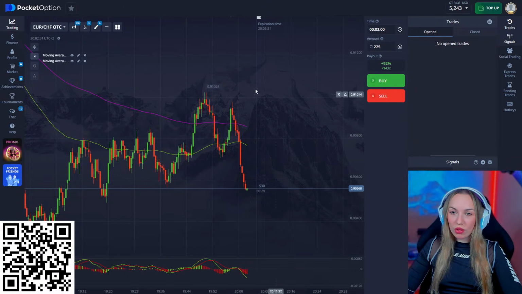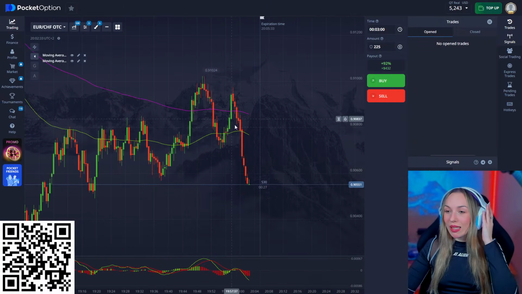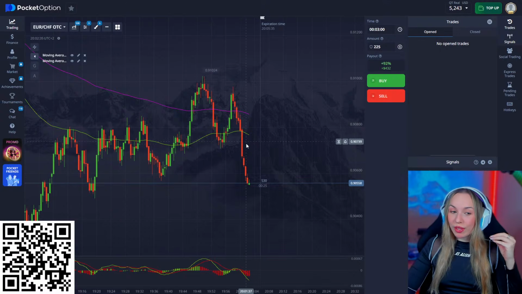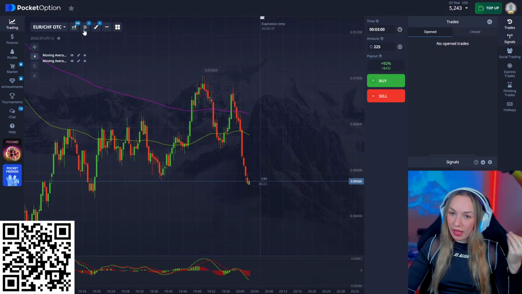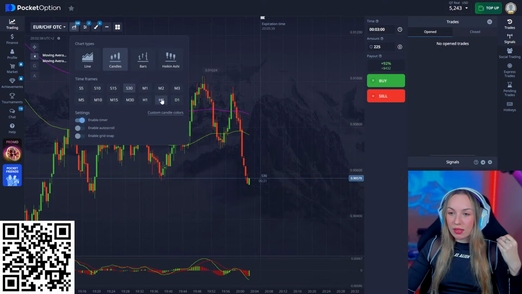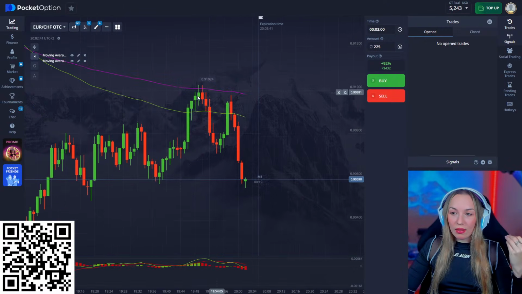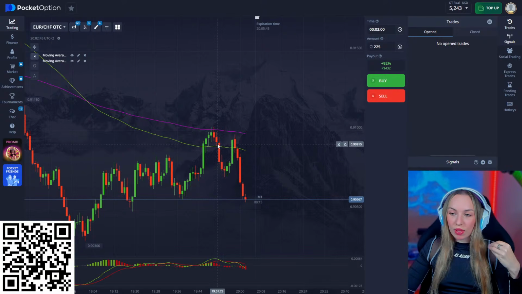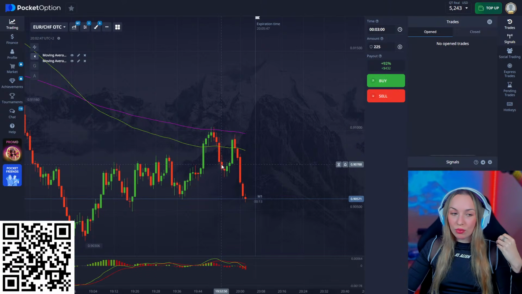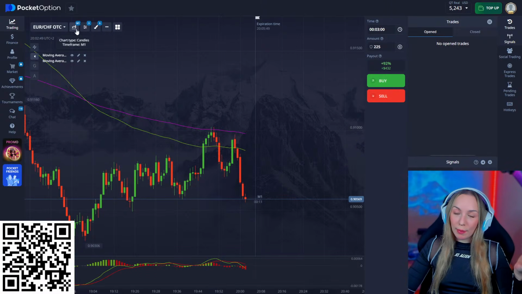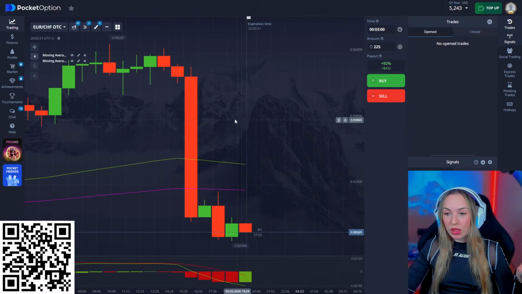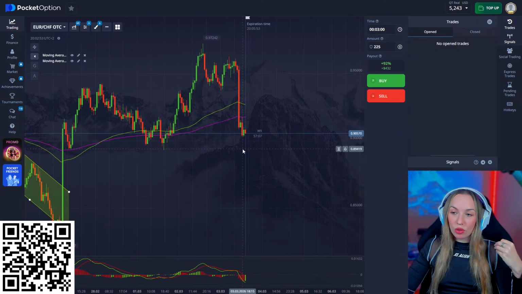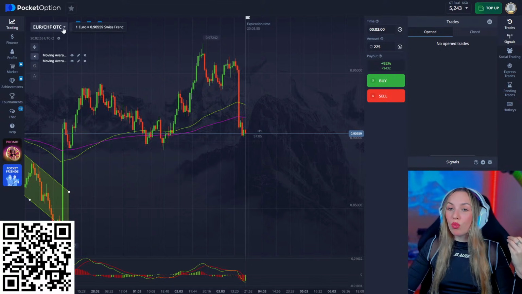So on 30 seconds time frame, one candle shows us the movement of the price for 30 seconds. The higher the time frame, the longer the candles. Like here on 1 minute time frame, the candle shows us the movement of the price for 1 minute. If we go to 1 hour, one candle shows us the movement of the price for 1 hour.